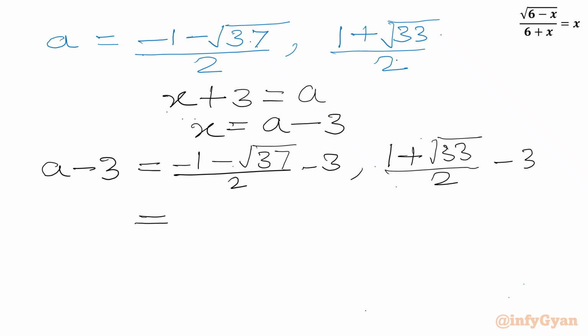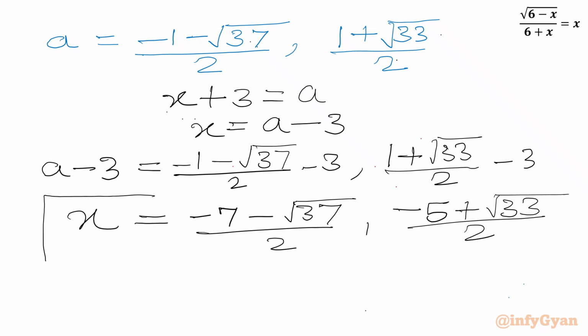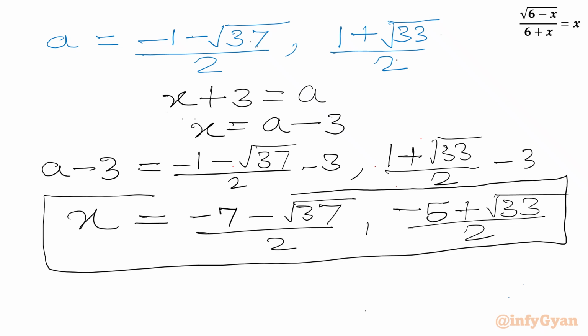This will be equal to minus 1 minus 6, minus 7 minus square root 37 over 2, and 1 minus 6, minus 5 plus square root 33 over 2. a minus 3 is x. So these two values will satisfy our equation for real x.